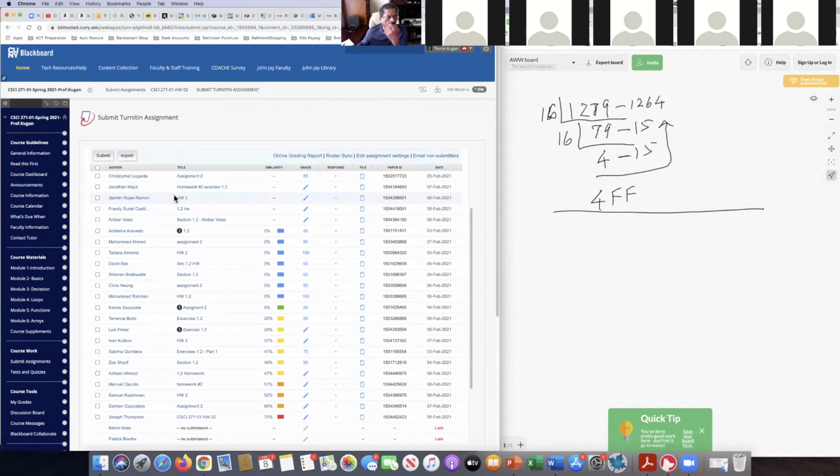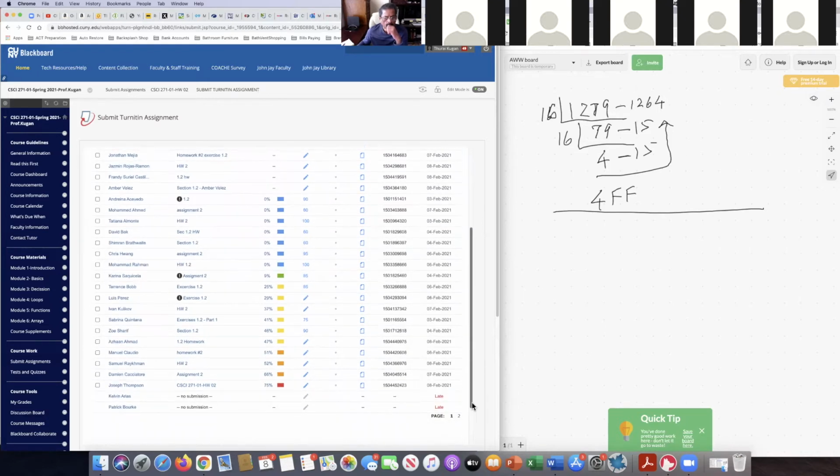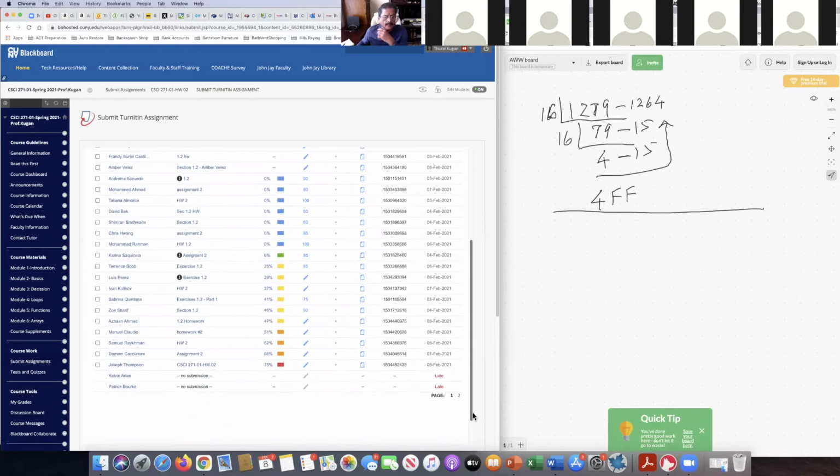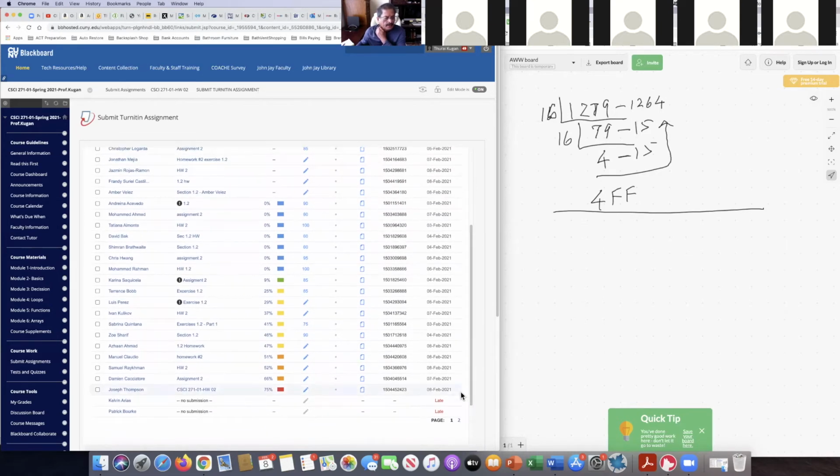Professor, same thing for me. I just checked for homework number 2 and it doesn't say anything. But I did submit it last night. I'm not alone. I may not have graded yours yet, so that's possible, but I can check to see whether yours have been submitted or not. So I'm trying to see for Montalvo.